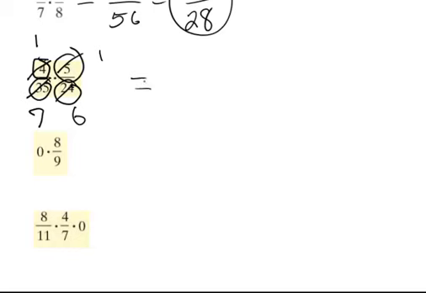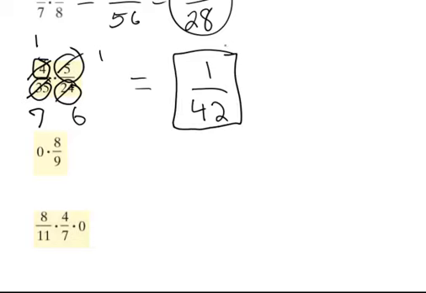Now, if I multiply straight across, 1 times 1 on the top leaves me with 1. 7 times 6 will leave me with 42.